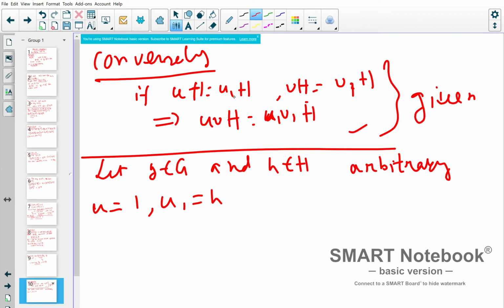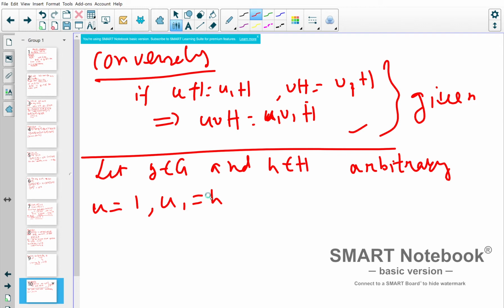Because UH equal to U1H, so if you choose 1, it's identical, right? So you can write U1 equal to H, so that H is nothing but an element of H. Clear?